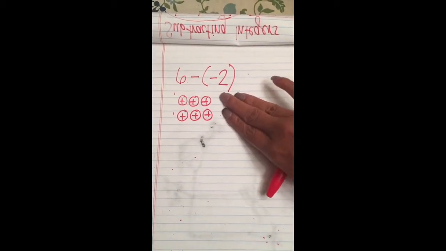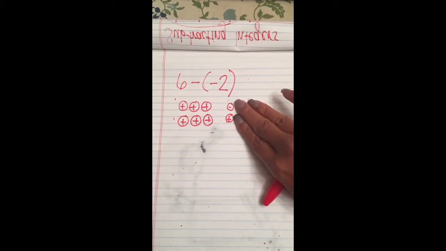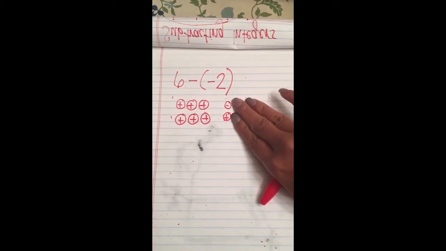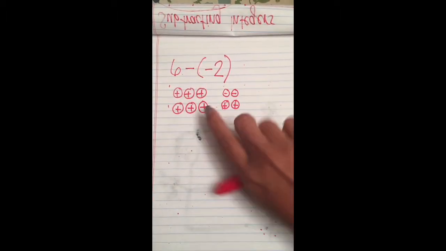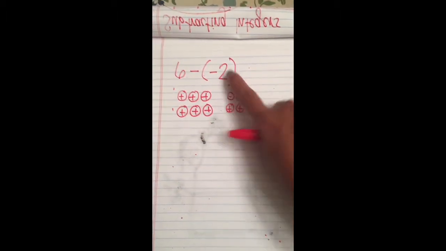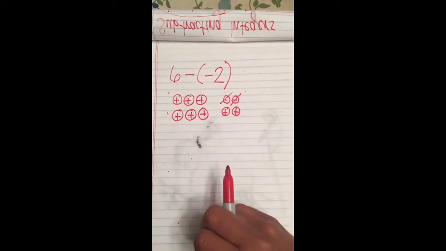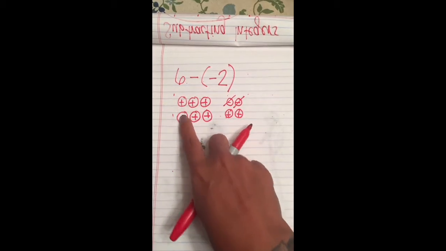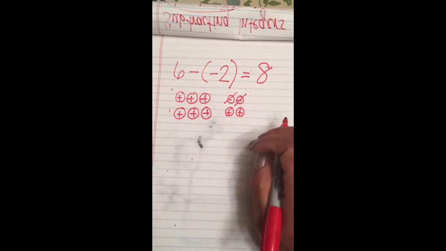These guys would cancel out, so I still have 6. But by adding zero pairs, this is equal to 0, a negative 1, a positive 1, and this is another 0, negative and positive 1, I still have my value of 6. But this allows me to take away 2 negatives, which tells me I have 1, 2, 3, 4, 5, 6, 7, 8. I have a positive 8 left.